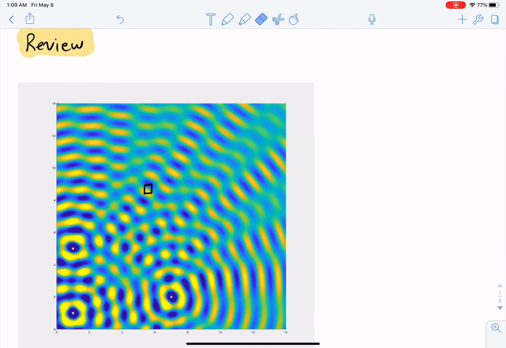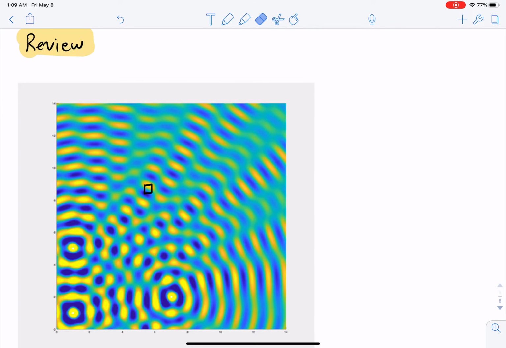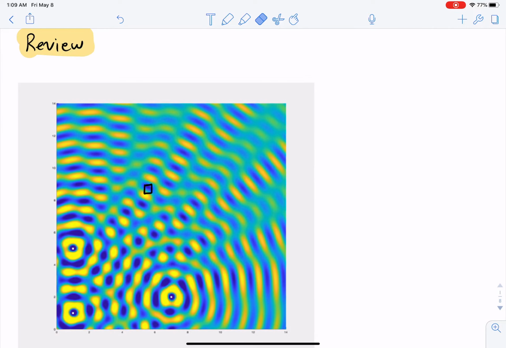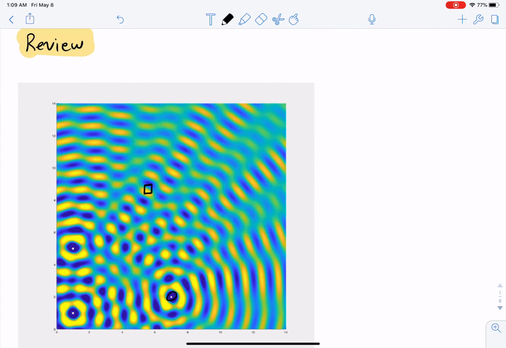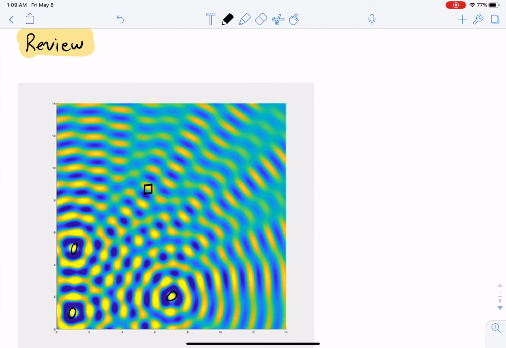Let us start by reviewing what we've done so far with waves. So we talked about waves propagating out from point sources. Here we have 3 point sources and their waves are radiating out.